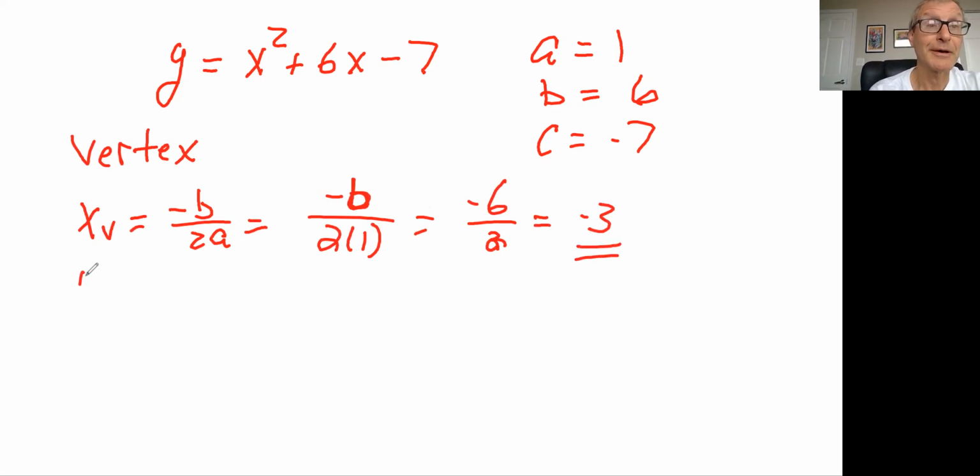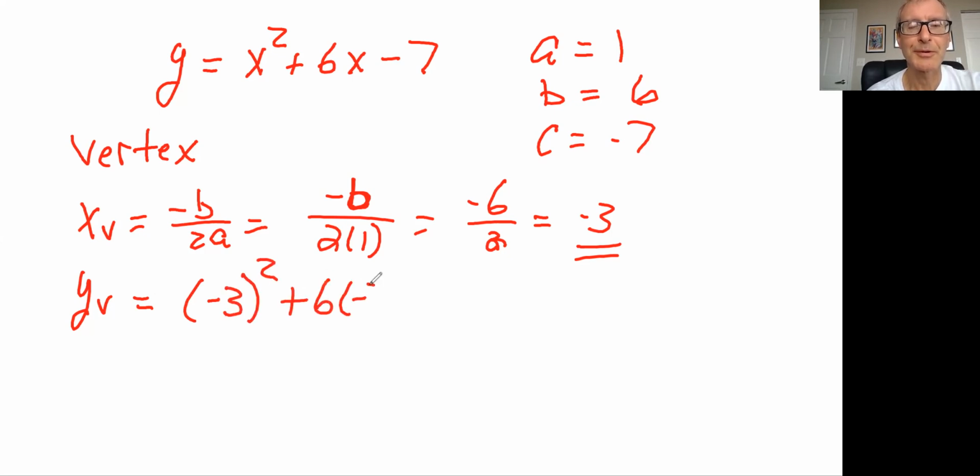So what is the y value of the vertex? Well, we have to plug it in and see what we get. So when you plug that in, you get minus 3 squared plus 6 times minus 3 minus 7. And so when you do that calculation, you could see that this would be 9 minus 18 minus 7.